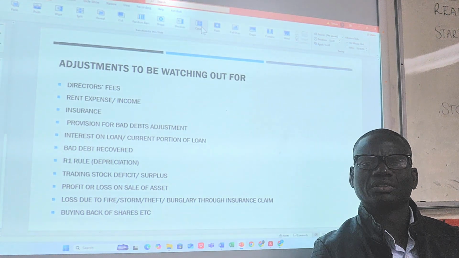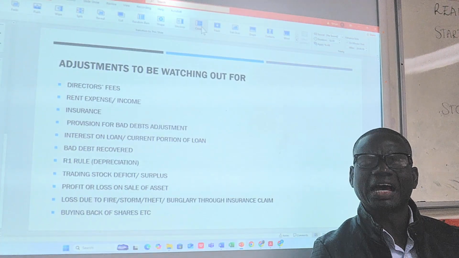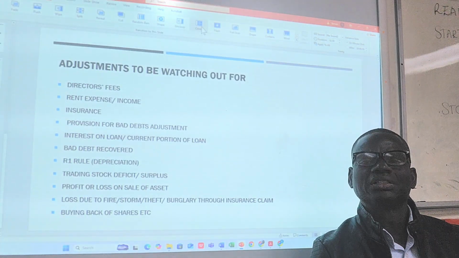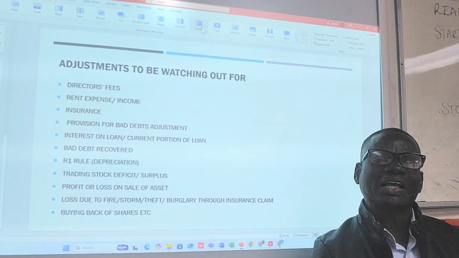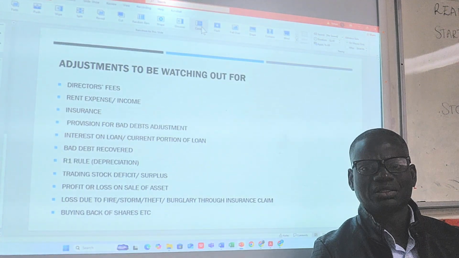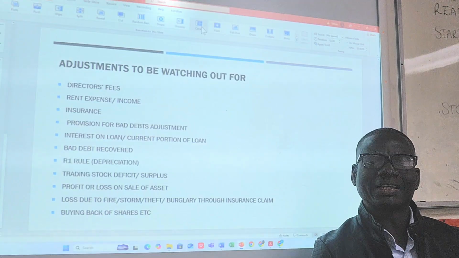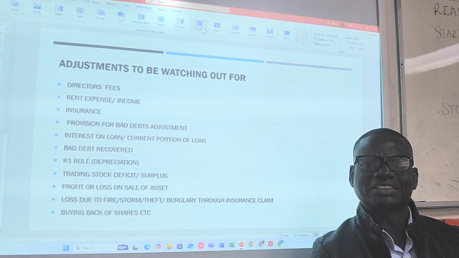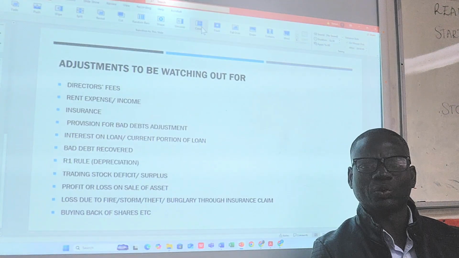It is a loss. If the carrying value is less than the selling price of the asset, it's a profit. It means that you got more value for the asset than what it was really worth at that point in time.